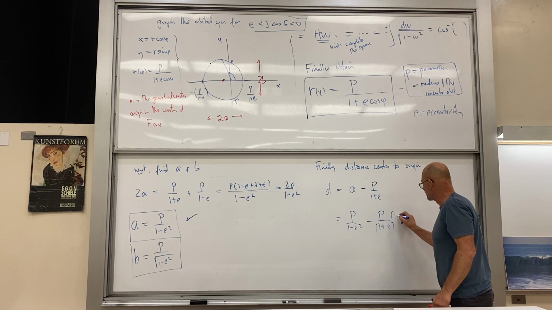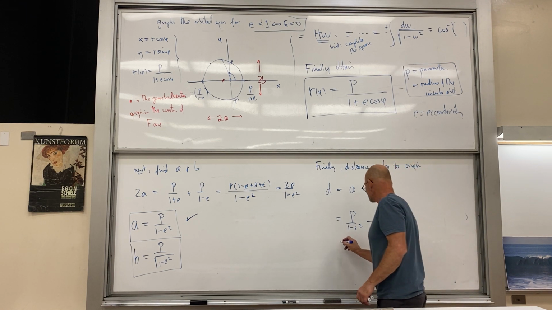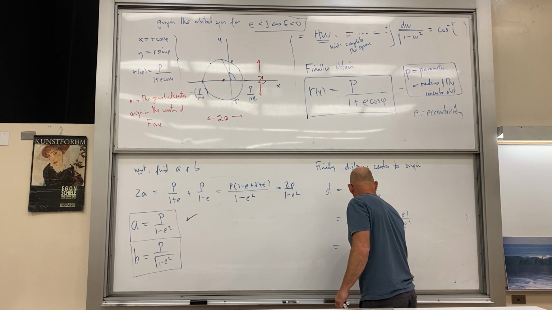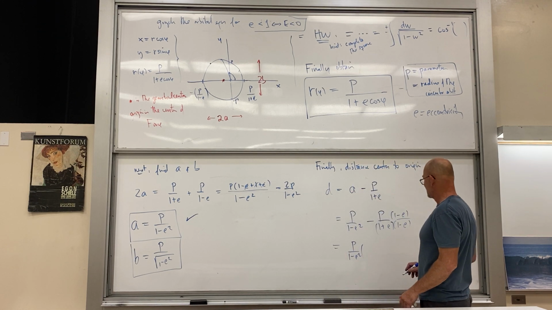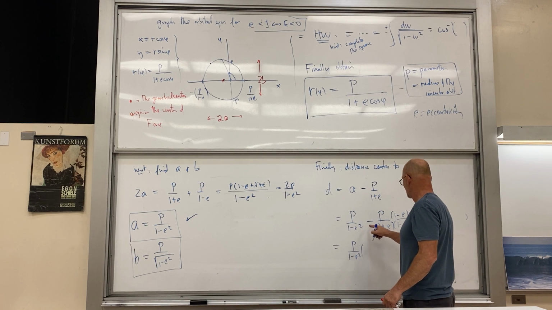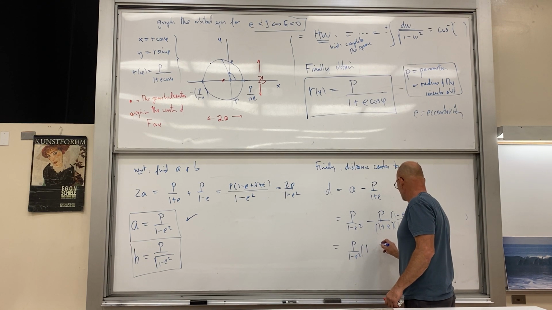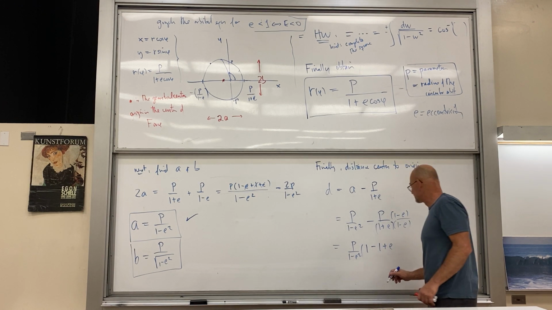So we'll multiply 1 minus E, 1 minus E, is equal to P over 1 minus E squared times 1 minus 1 plus E, right?